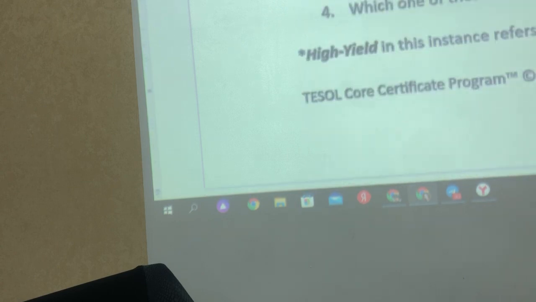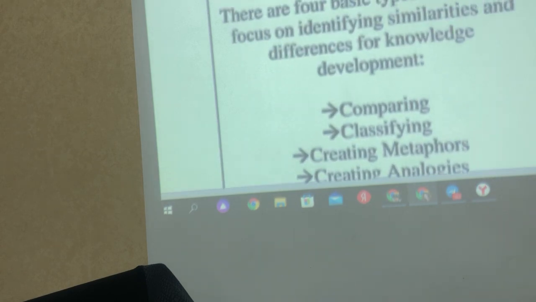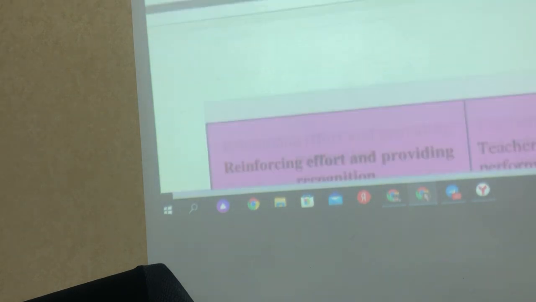So the first question, this one, says compare and contrast the activities in how it looks in the classroom for 2 different instructional strategies. Do you remember instructional strategies here? Those are instructional strategies.